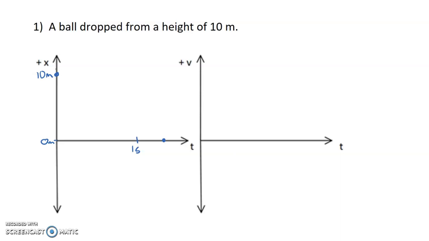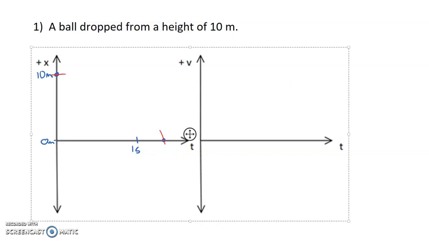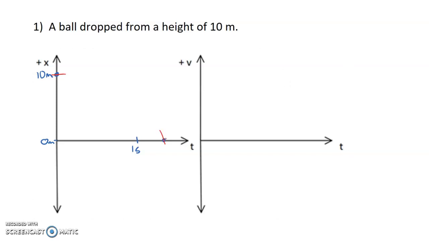And when we're looking at a position time graph, the slope of the position time at any point is equal to the velocity. So this object is going to start at rest with no slope, and it's going to finish having gained velocity in the downward direction. So it would have a negative slope at the end. So at this end point, you should see some kind of downward slope.